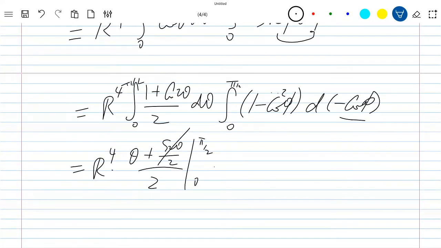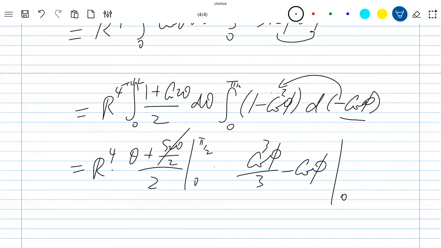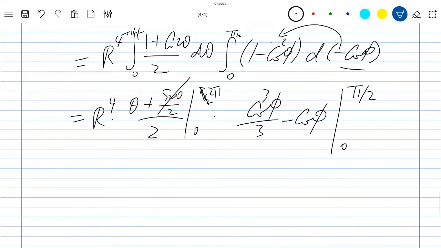Then this one will give you, so you put the negative sign here, so you get cosine cubed phi over 3 minus cosine phi. Then you plug in the two limits. Wait, this is pi over 2, that is not pi over 2, that's 2 pi, but it doesn't matter, it's still gone. Alright, so what do you have now?